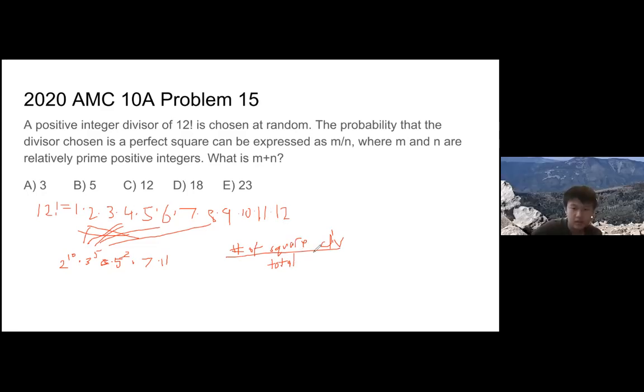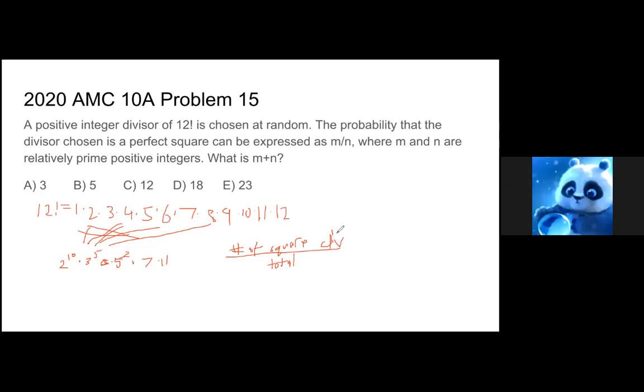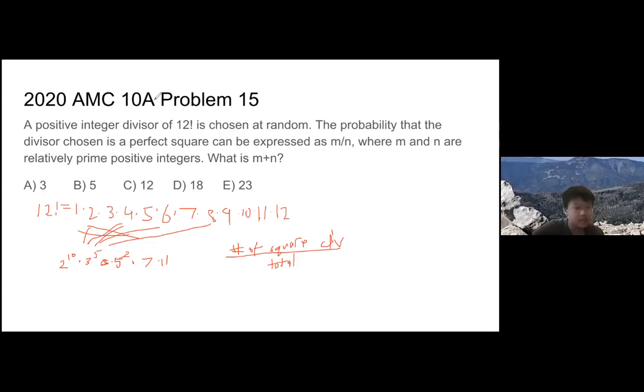How do you find the number of square divisors? By making even exponents. Good. So basically my idea is, first of all, let's do total divisors. That's pretty simple, using the trick that I said earlier. That is a 5, that is not a 6.